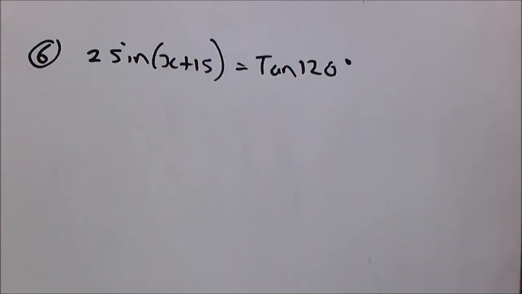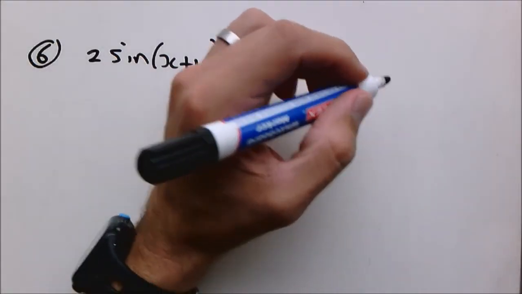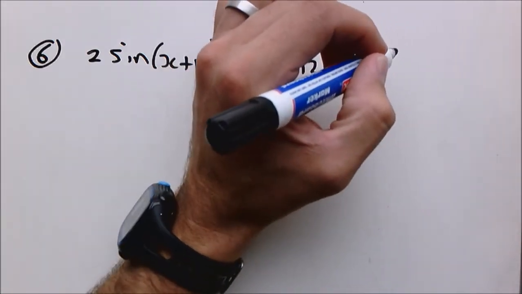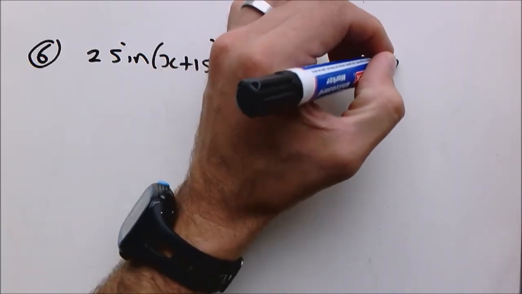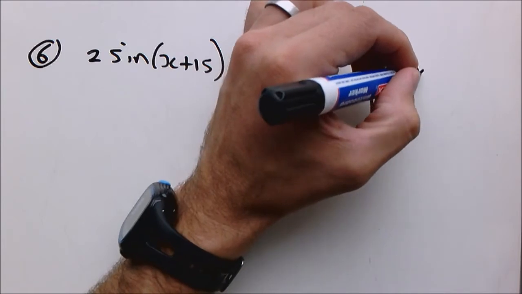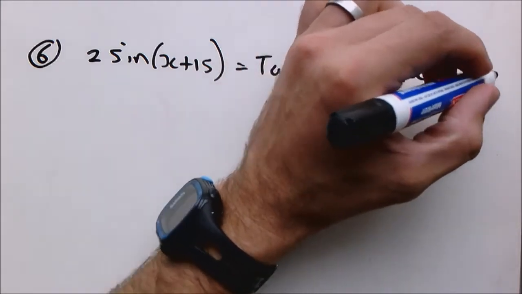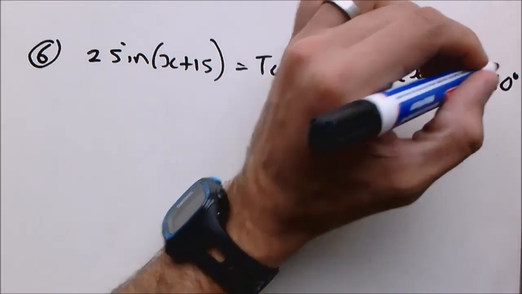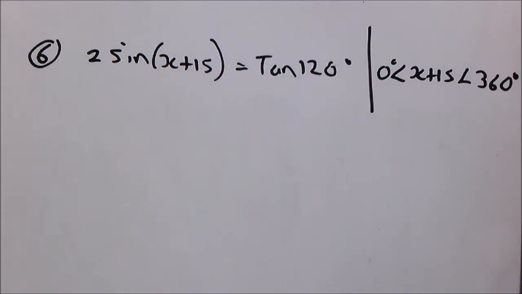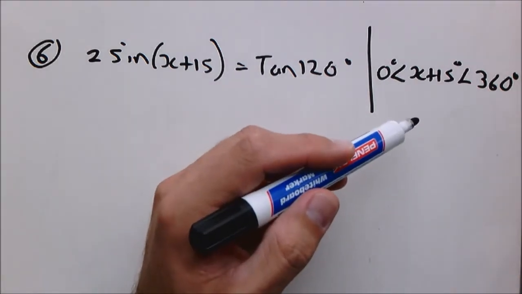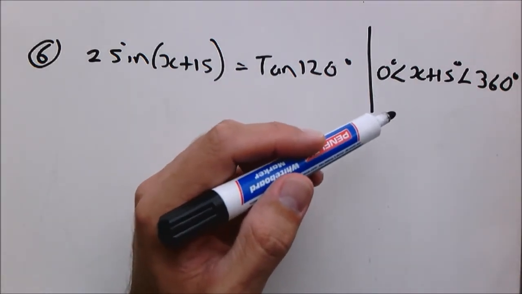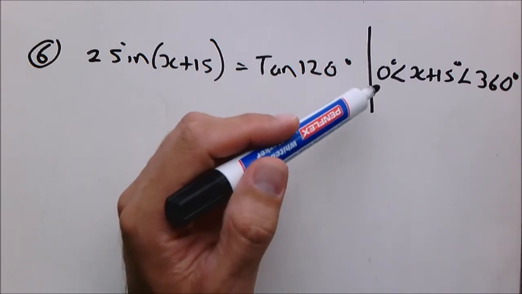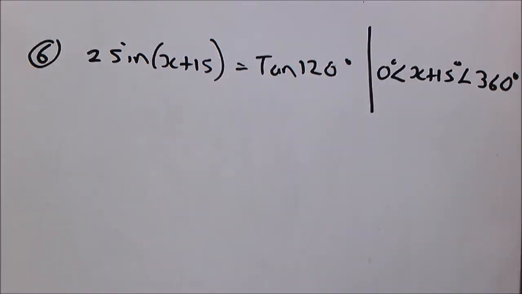And then they give us another constraint: x plus 15 lies between 0 and 360. Okay, that's anywhere in the CAST diagram, but still this makes it a specific solution and not a general solution, because we're only going to look between 0 and 360.